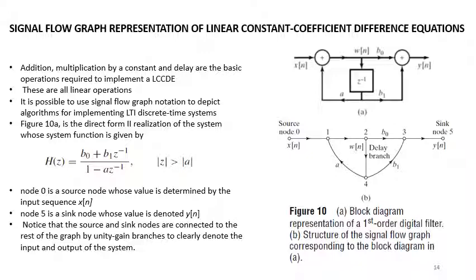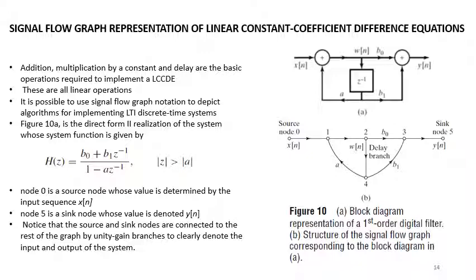So let's consider an example of signal flow graph representation of a linear constant coefficient difference equation. You understand that addition, multiplication by a constant, and delay are the basic operations required to implement a linear constant coefficient difference equation. And you also know that these are all linear operations. So it is possible to use signal flow graph notation to depict the algorithm for implementing LTI discrete-time systems.